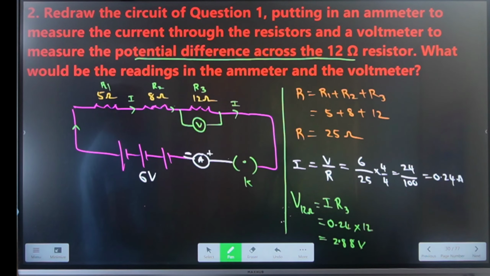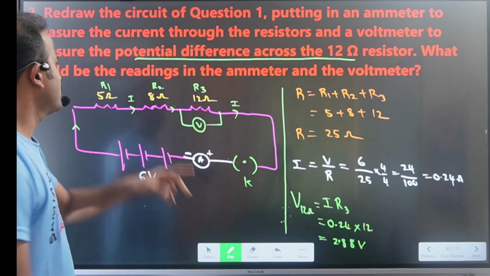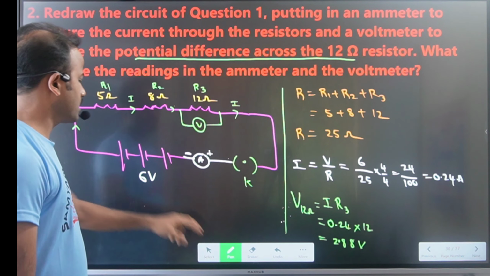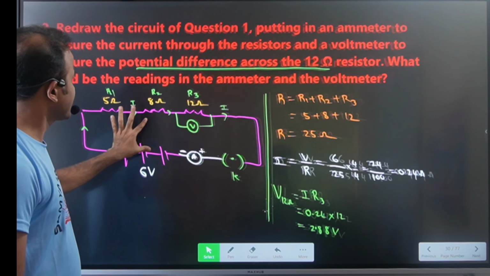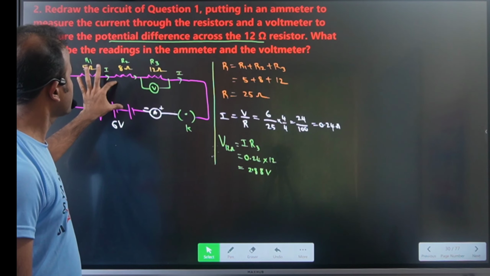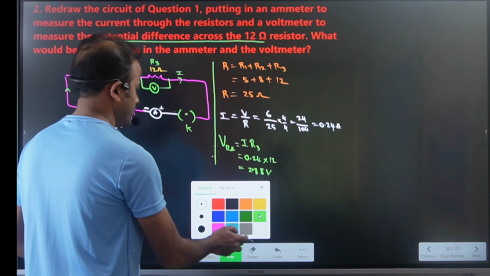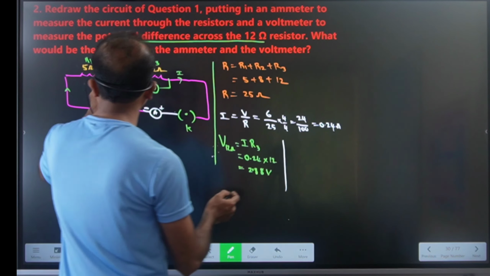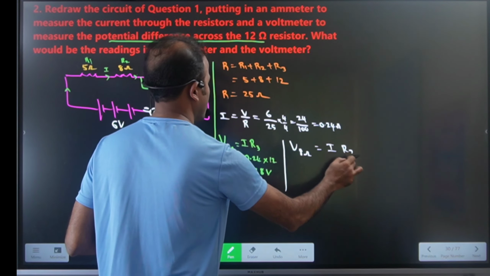In the question they have asked only for the voltage across the 12 ohm resistor, but if you want, you can also calculate the voltage across R2 and R1. Find the voltage across the 8 ohm resistor and the 5 ohm resistor also. Voltage across the 8 ohm resistor is I into R2.